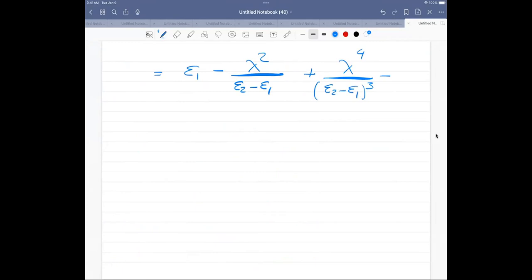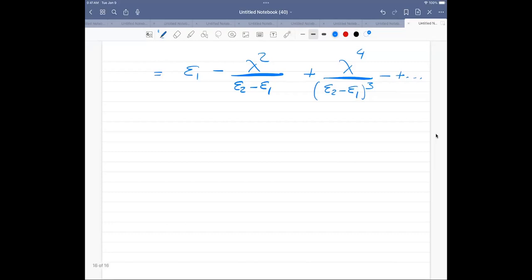And then this goes minus and plus up to infinite order. So what we are going to show now is the link between many-body perturbation theory approaches like Brillouin-Wigner perturbation theory and Rayleigh-Schrödinger perturbation theory. So what we did now was simply to Taylor expand.